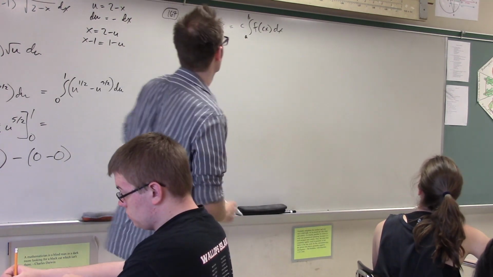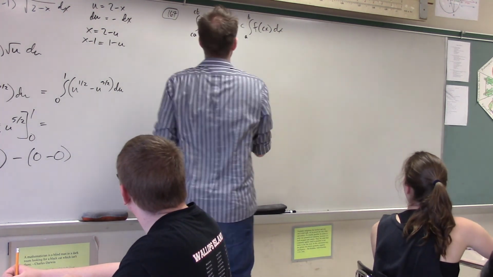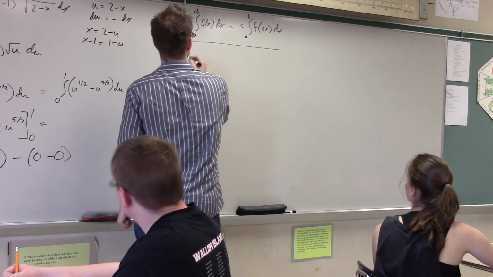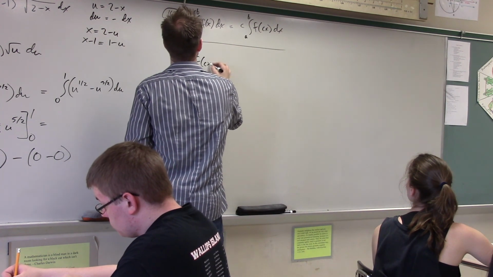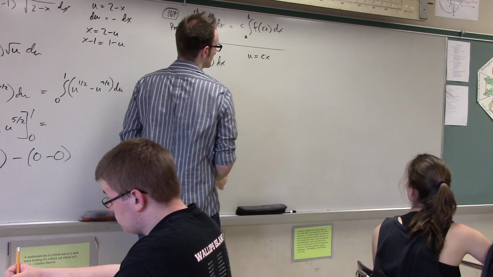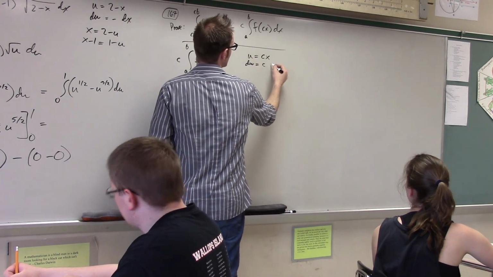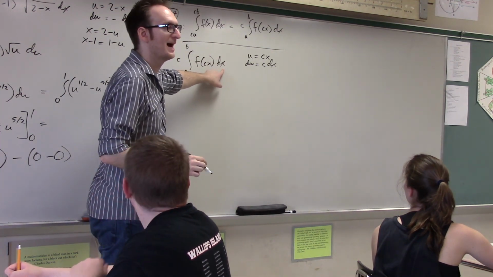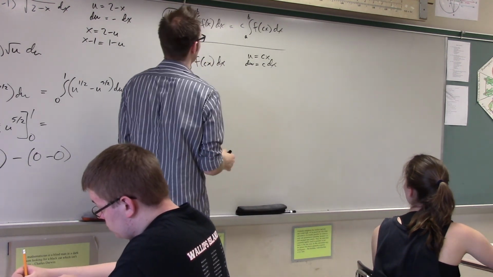So let's start with the right-hand side, and I'm going to prove that that equals the left-hand side. So this is my goal. I'll start with the right-hand side, c times the integral from a to b of f of cx dx. I just make a substitution. Let u be cx. Well, if u is cx, then du is just c dx, which is exactly what I have right here. And now I just change it to a new integral involving u's.